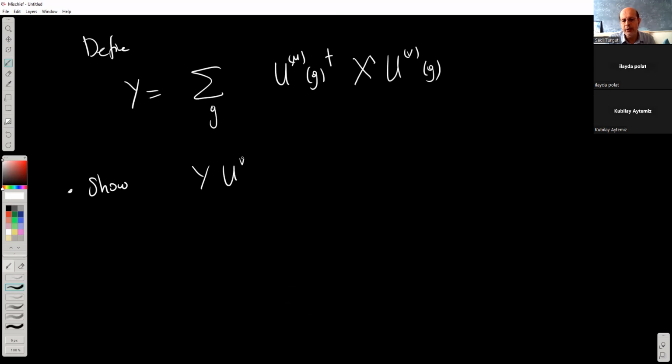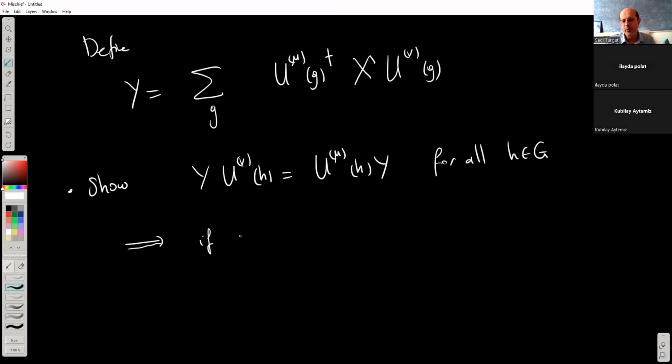Y multiplied with u nu of h is equal to u mu of h times y for all h in the group, which implies that if mu is different than nu, so these are different representations, then y is equal to 0.